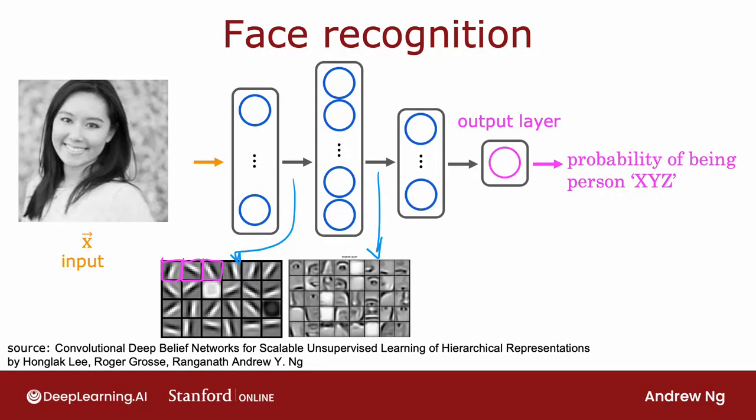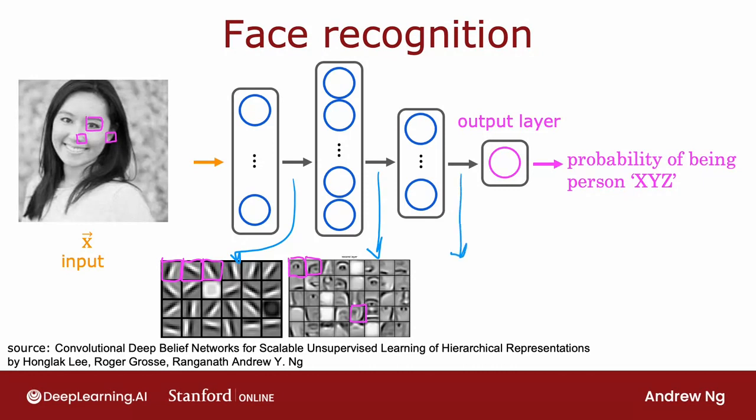For example, each of these little square boxes is a visualization of what that neuron is trying to detect. This first neuron looks like it's trying to detect the presence or absence of an eye in a certain position of the image. The second neuron looks like it's trying to detect the corner of a nose, and maybe this neuron over here is trying to detect the bottom of an ear.